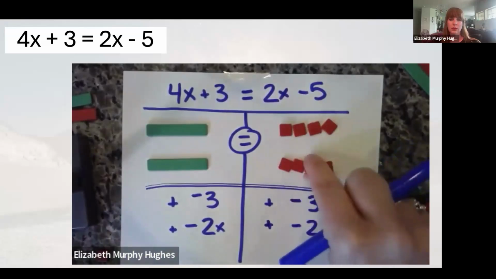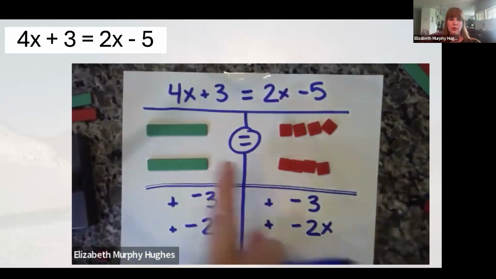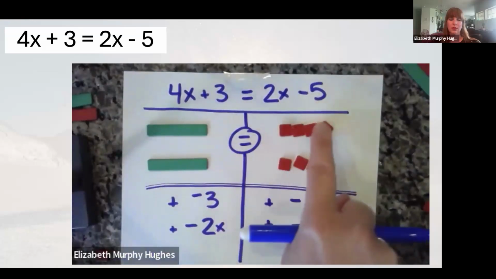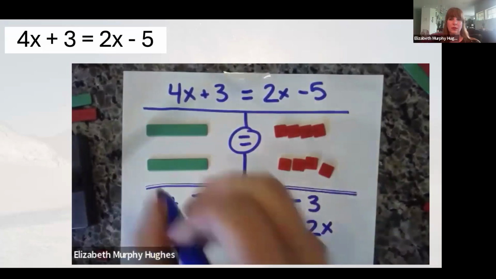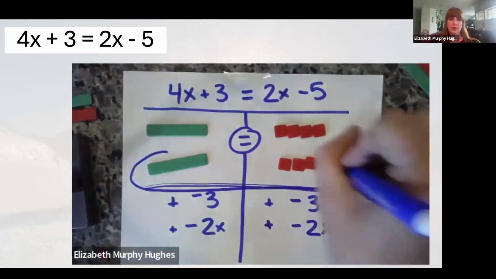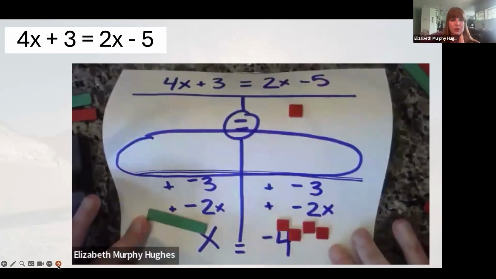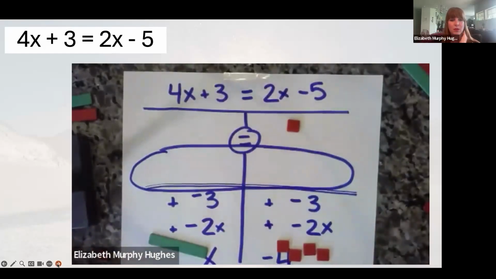Okay. Here, I have each x has the same value as negative 4. So x equals negative 4.